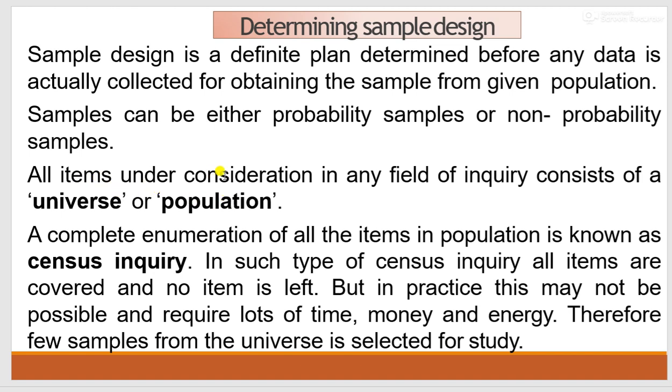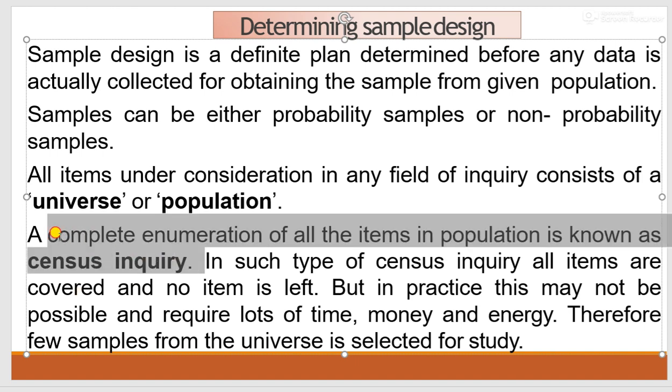All items under consideration in any field of inquiry constitute the universe or population. Means in any inquiry or in any research, if we consider all items, then all those items are known as the universe or population. A complete enumeration or complete calculation of all items in the population is known as census inquiry.